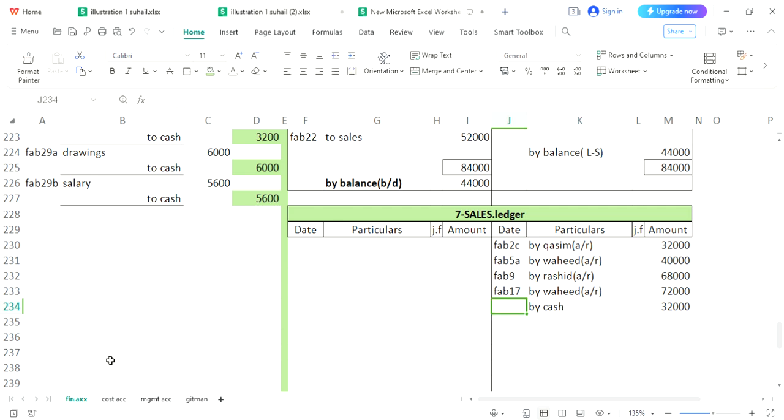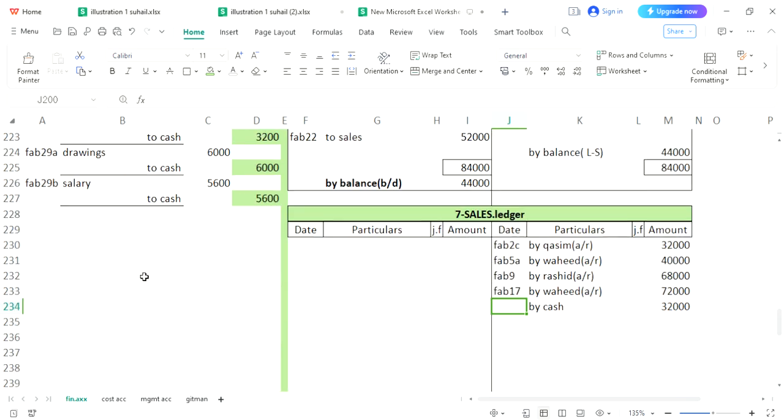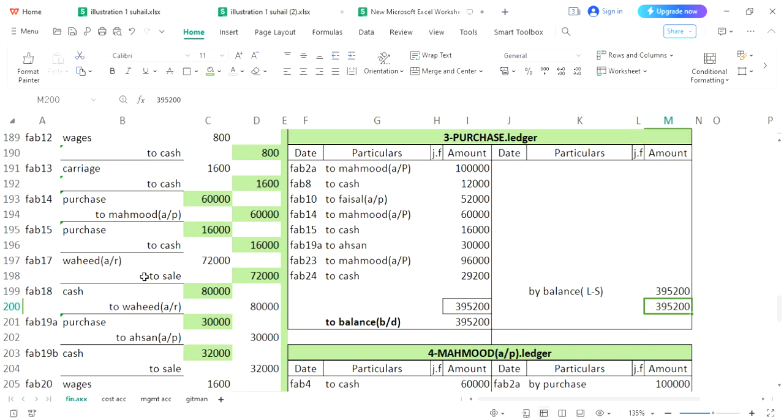Now let's see what was the date for 32,000. Here you can see sale was credited. Date was February 19B. Put date February 19B. Date is mentioned, reference is given, amount has been posted, 32,000. It means the entry including this 32,000 is completed. So we can mark it as completed entry.